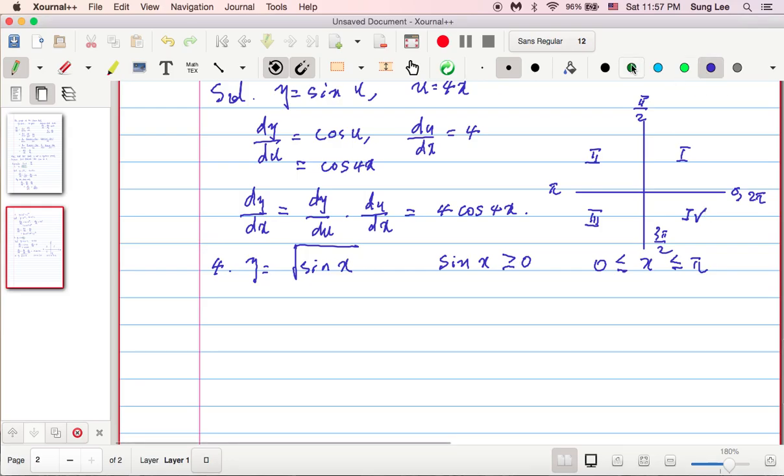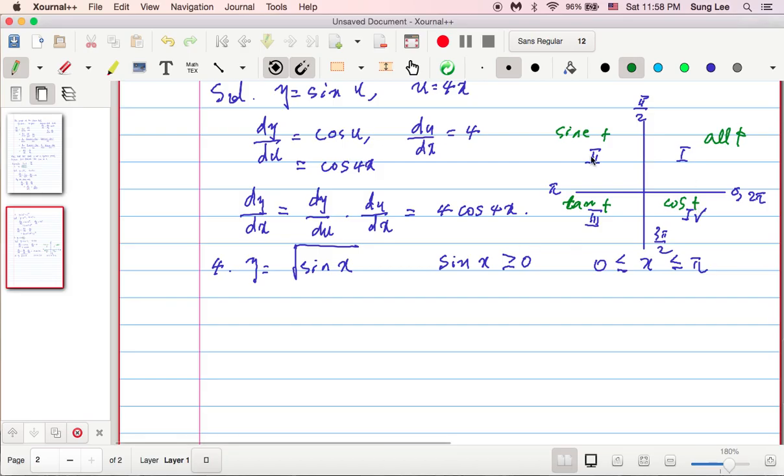In the first quadrant, everybody is positive. In the second quadrant, only sine is positive. In the third quadrant, only tangent is positive. And in the fourth quadrant, only cosine is positive. So it's good to remember.